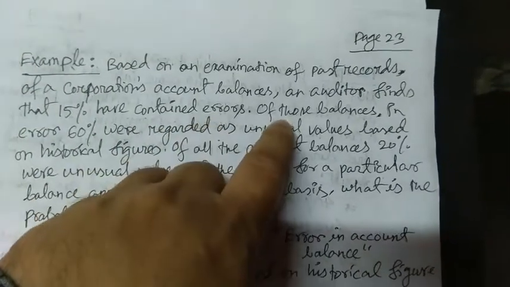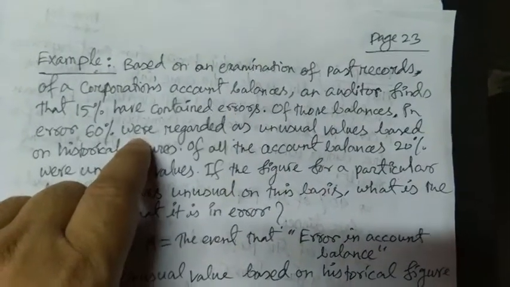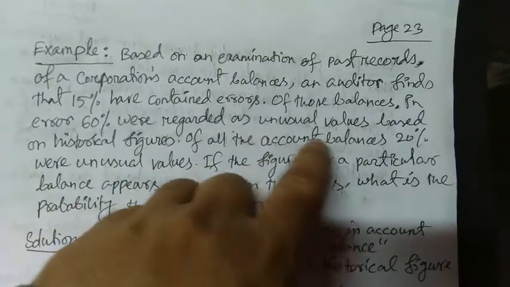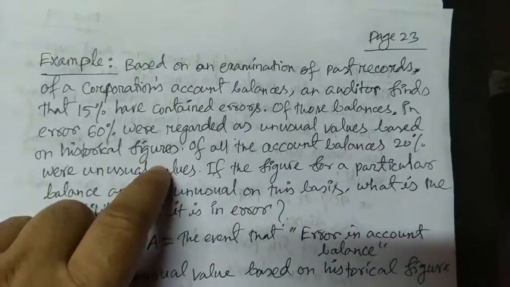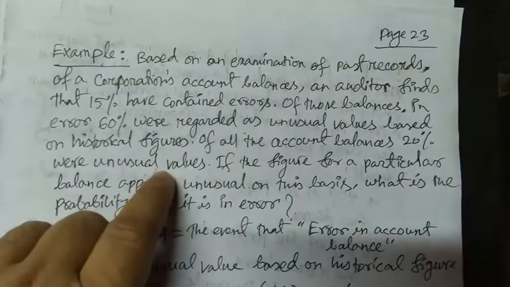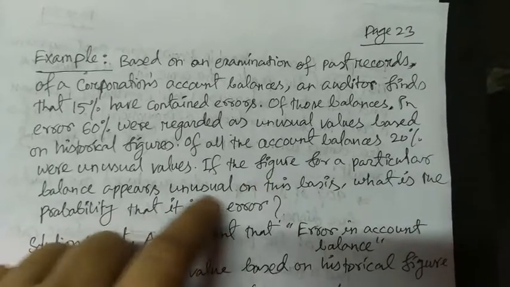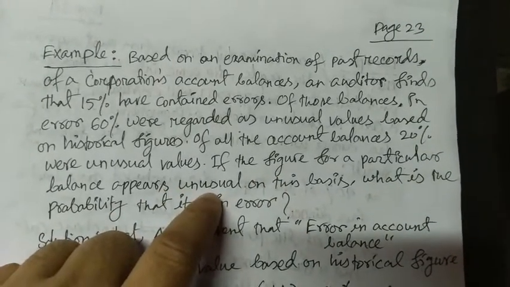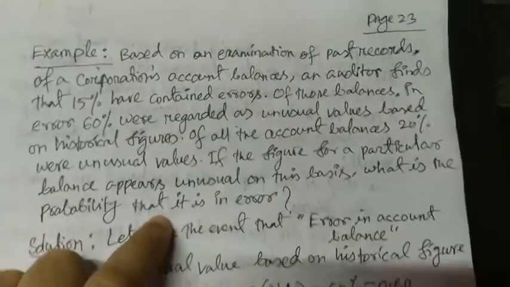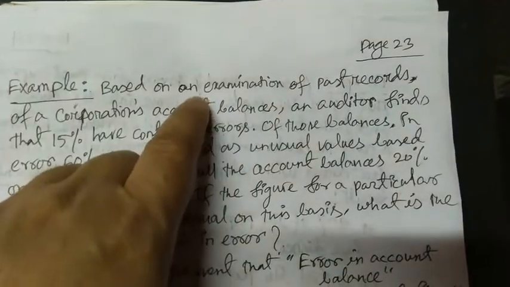Of those balances in error, 60% were regarded as unusual values based on historical figures. Of all the account balances, 20% were unusual values. If the figure for a particular balance appears unusual on this basis, what is the probability that it is in error? So let me read out the question again.